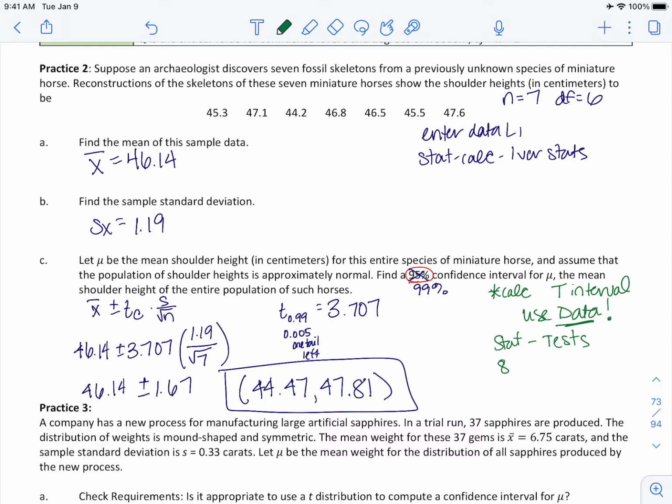We're going to choose number 8, which is the T interval. And then by list, it should say L1. Frequency should say 1. And then our confidence level will be 0.99. And then you go ahead and hit calculate, and it will calculate the confidence interval for you.